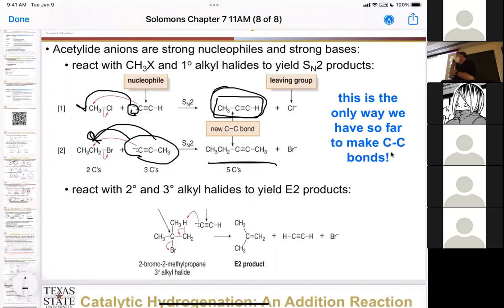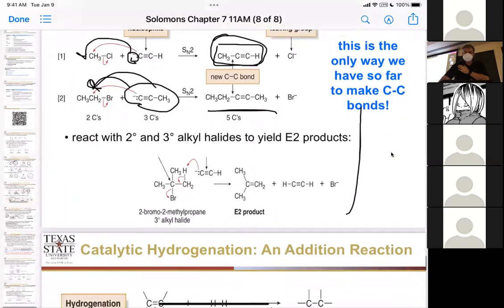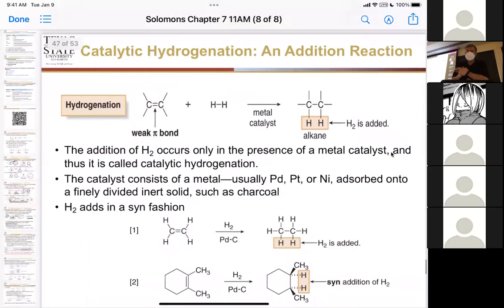Okay, so the next thing we want to do is figure out how alkenes react. The one thing that we can do with alkenes is reduce them back down to alkanes. And we do this with what we call catalytic hydrogenation. Hydrogen itself has a nonpolar bond.